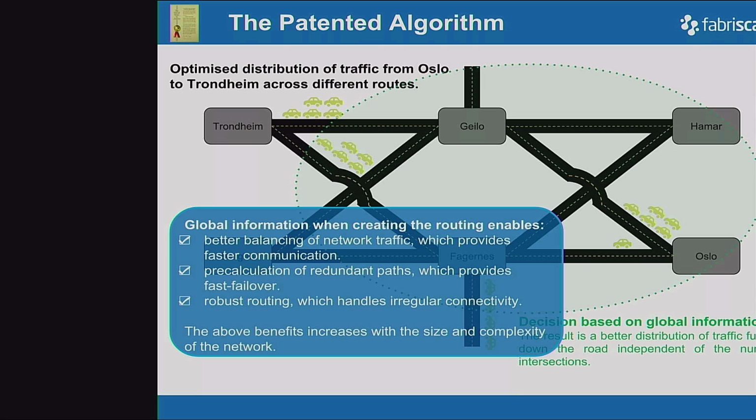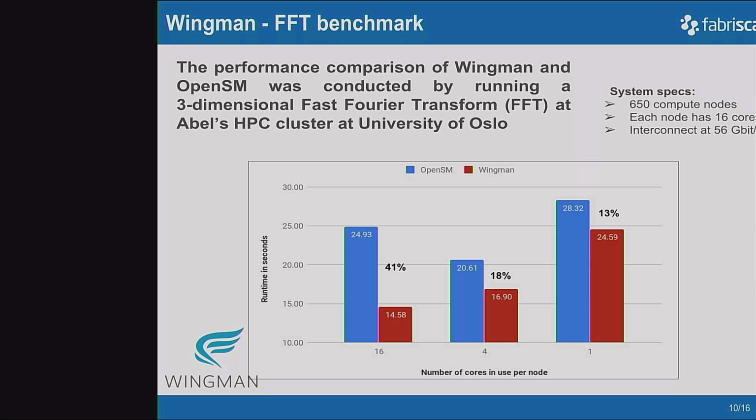And sometimes OpenSM has problems with that. We handle that. So also, as the network grows, this problem gets bigger. So if you have thousands of nodes, you have more probability of some errors, and we are prepared for that.